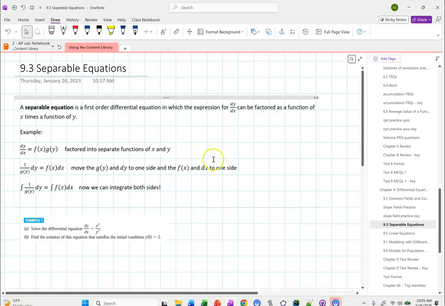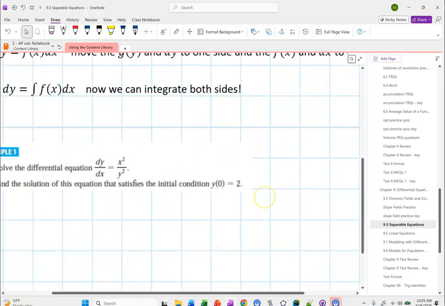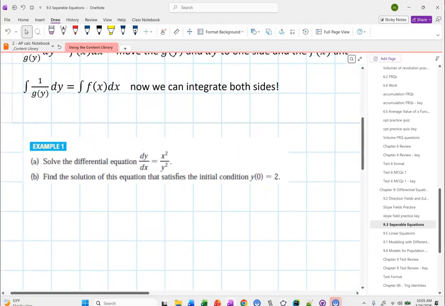So that's basically going to be my strategy. Let's look at the differential equation dy/dx equals x squared over y squared.